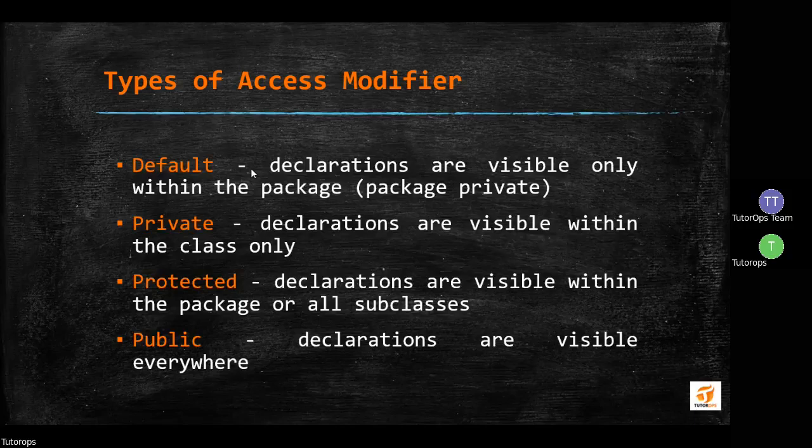Protected declares variables within the package or all subclasses. And public declares variables everywhere. What I have declared so far is only public. What default, private, and protected are, I will discuss. Maybe protected I will discuss when I discuss inheritance, when it will be more clear. But private, default, and public I will discuss.